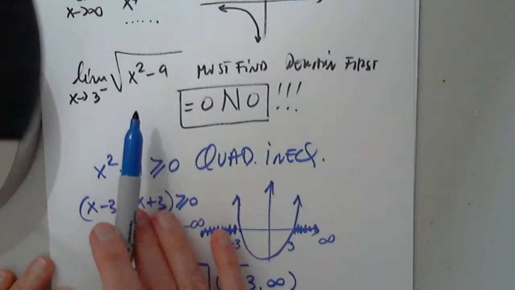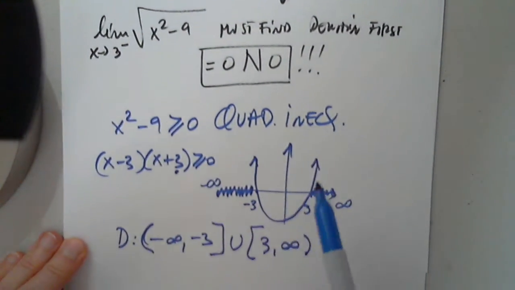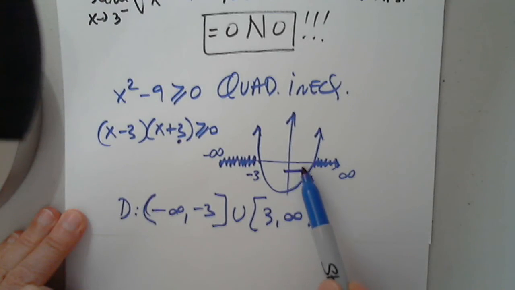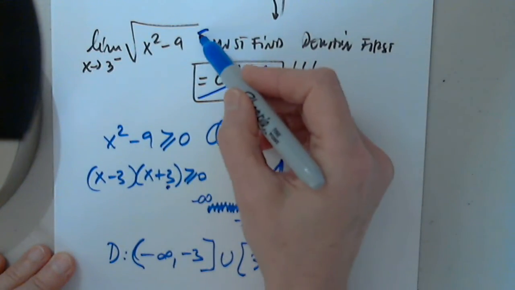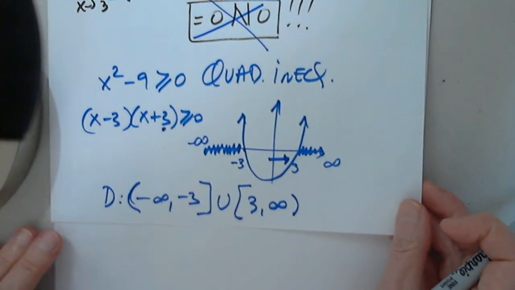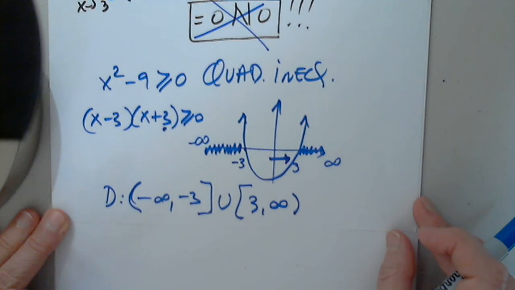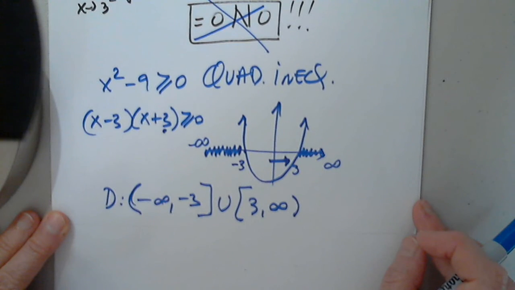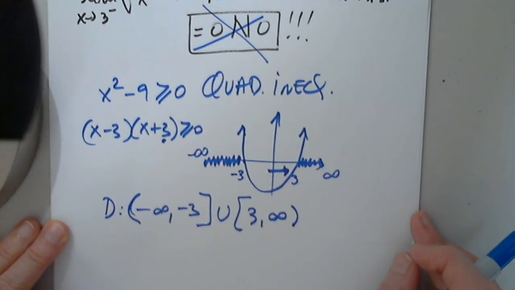So this is intentional. It says x from 3 to the left. 3 to the left. What is the answer? Anyone would like to help here?